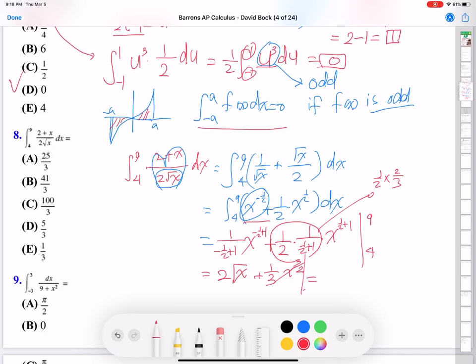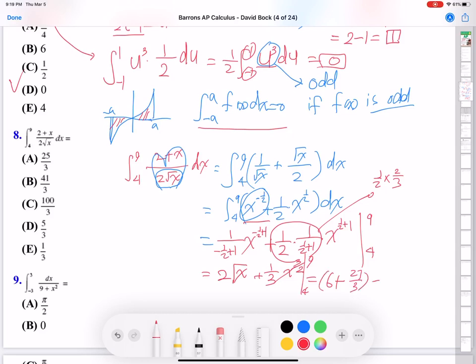Plug in the top number 9 first. 2 root 9, 6, plus 1/3 times 9 to the 3/2 power. 9 is 3 squared, so it is 27 over 3.